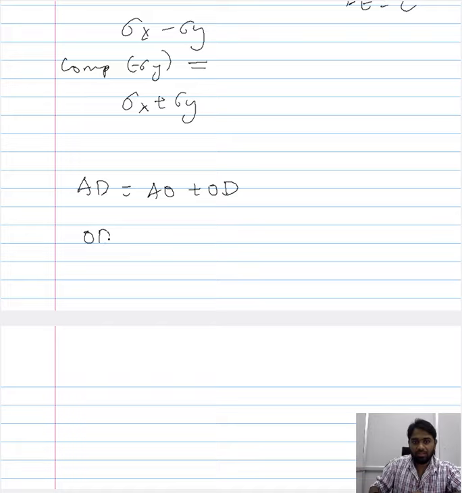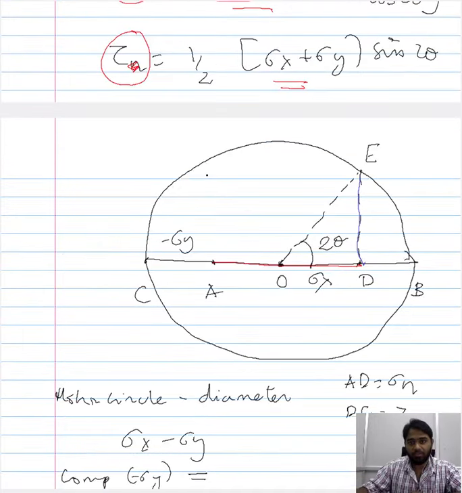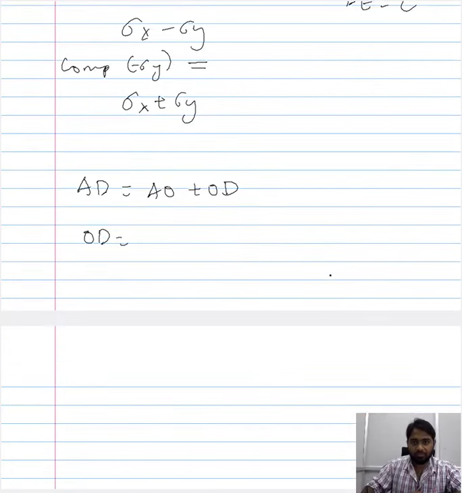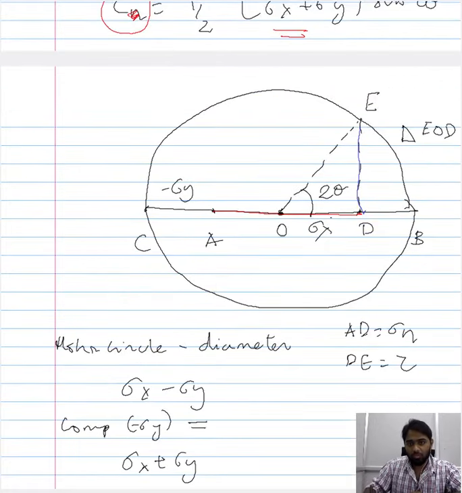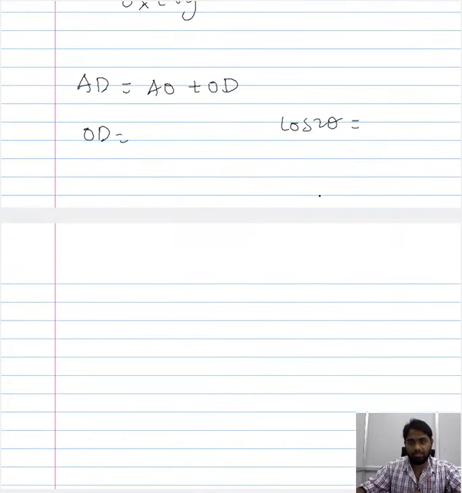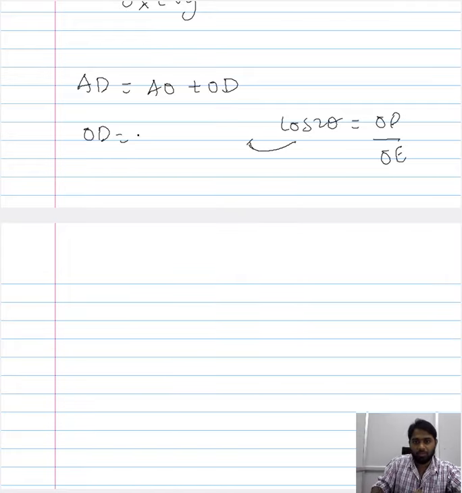Now OD is the part of the right angle triangle ODE. Therefore, when you consider cos 2 theta, that would be equal to OD by OE. So OD would be OE cos 2 theta.